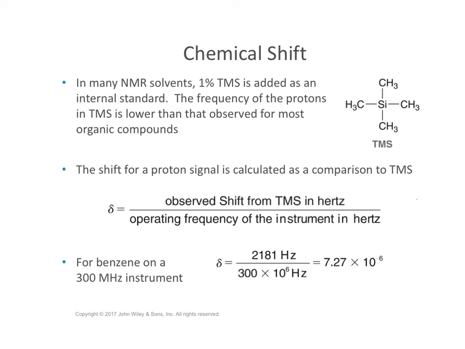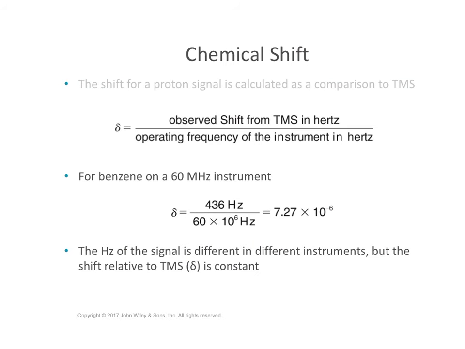Now, in most NMR solvents, 1% TMS, tetramethylsilane, is used as an internal standard, and the chemical shift is found using this formula: the observed shift from TMS in hertz divided by the operating frequency of the instrument in hertz. So for benzene on a 300 megahertz instrument, the chemical shift would be as shown here.